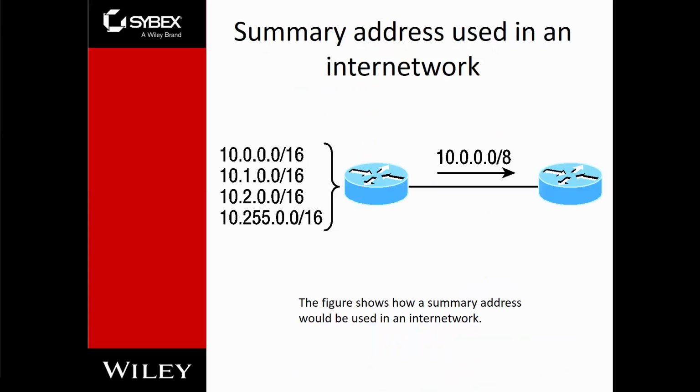So how do we do summarization addresses? Essentially, the dumbed down version is what is the most common. Here we have 10. So we lock in the first 8 bits. You normally can break this down into binary.